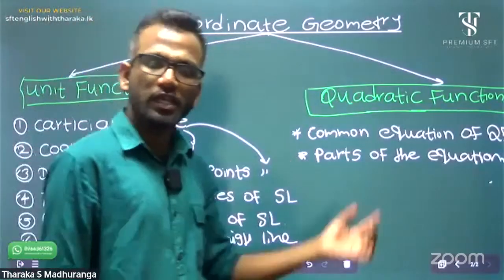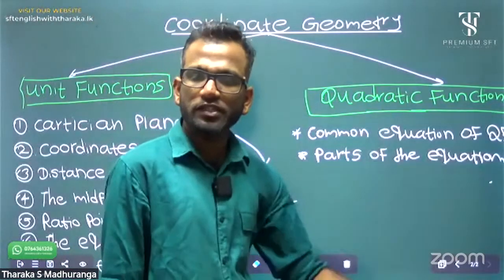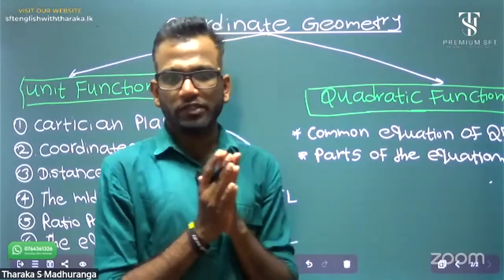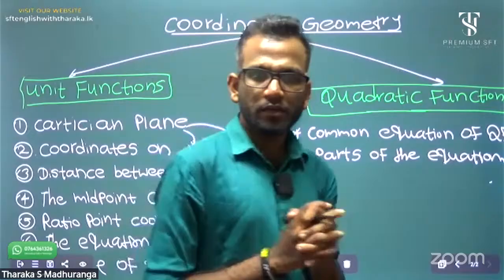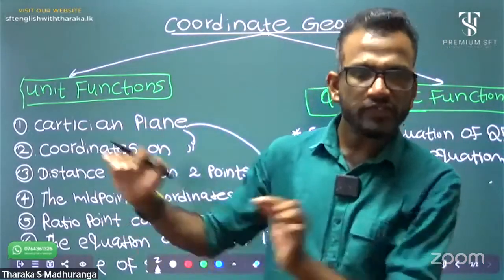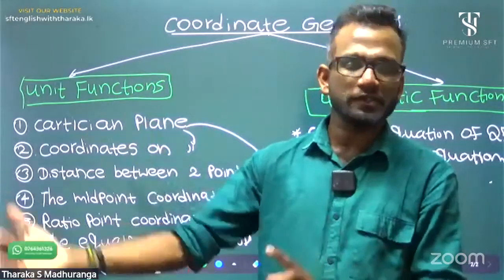There are different constant and variable both in this equation. Do you know what's a common equation for quadratic functions? Remember, for unit functions, for straight lines, it is y equal mx plus c.